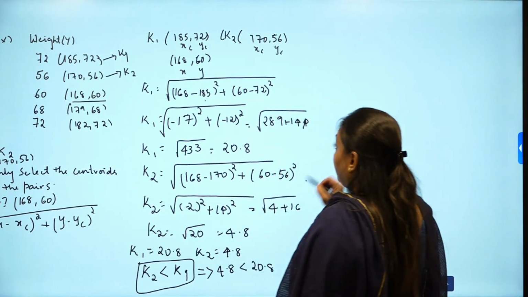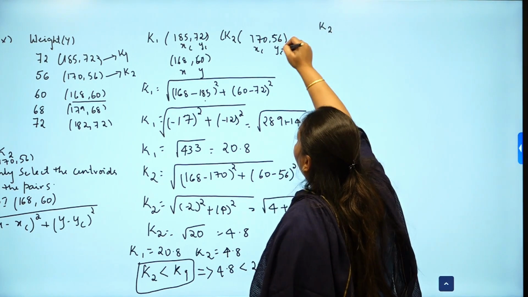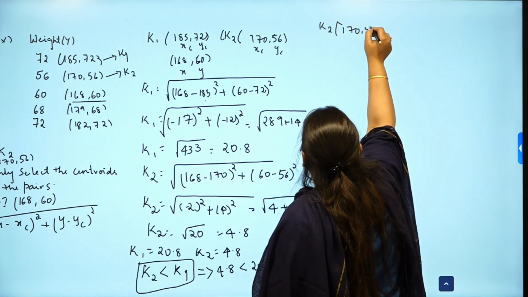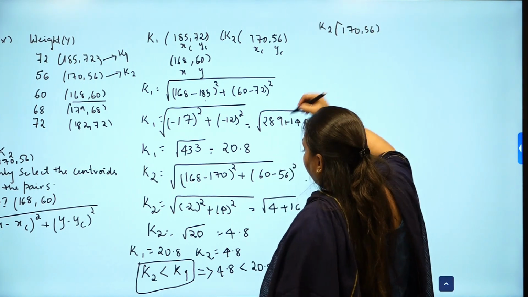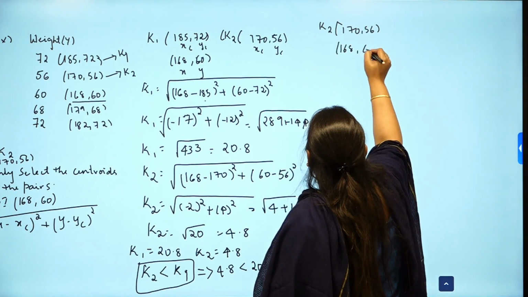Now, but the thing is, your K2 is already having a centroid. What is the K2 centroid value you have? 170, 56. But now what is the new one you have got? 168, 60.